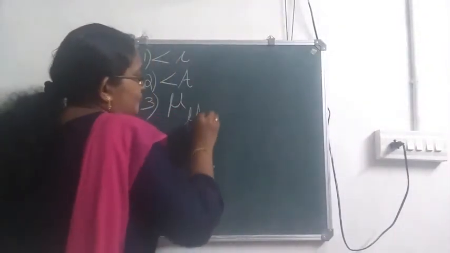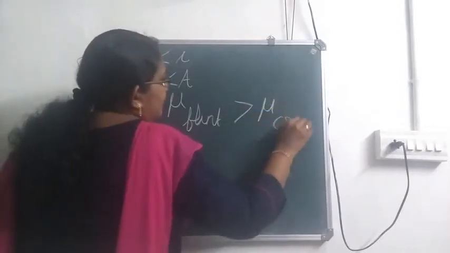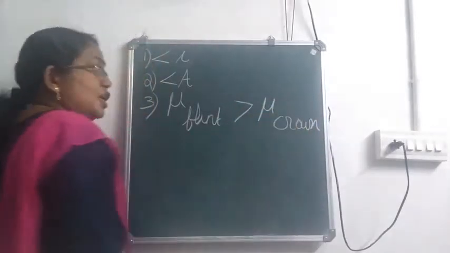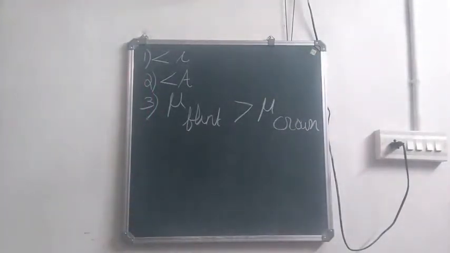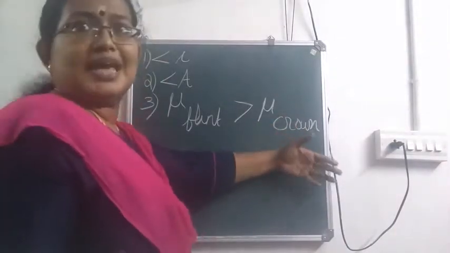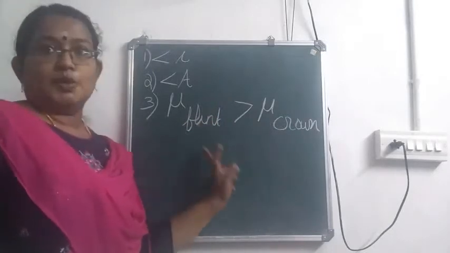The refractive index of flint glass is greater than that of crown glass. So if we are using flint glass, the deviation shown will be more compared to that of crown glass. So note this point also.